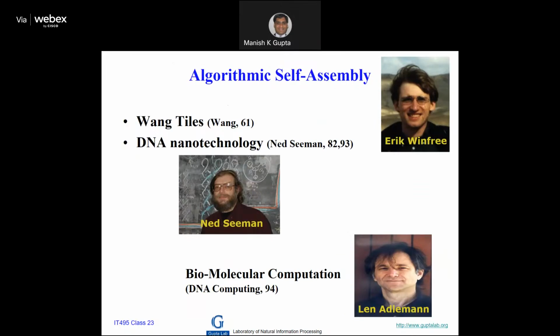As I mentioned, the first experiment of DNA computing was done by Adleman in a seminal paper in 1994, where he solved an instance of the Hamiltonian path problem using a bunch of DNA molecules.